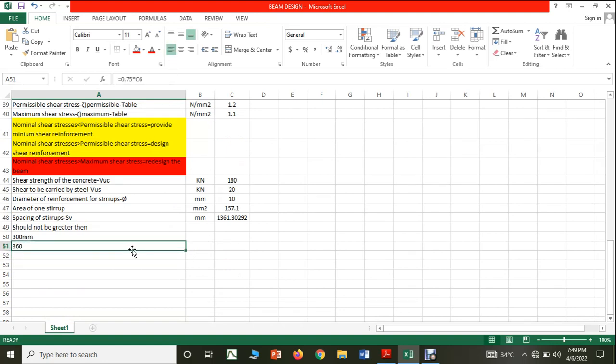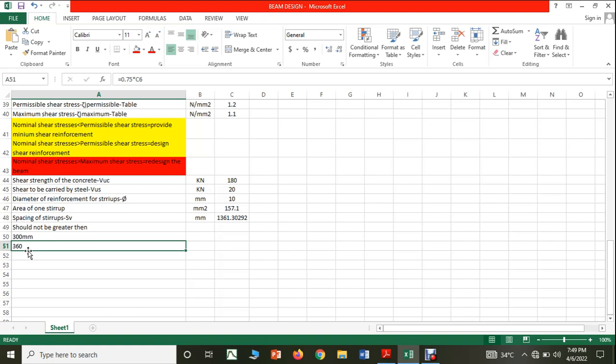For example, if you are getting around 500 mm, then out of these two, whichever is smaller, 300 mm, has to be provided. In this way you are supposed to provide the shear reinforcements.